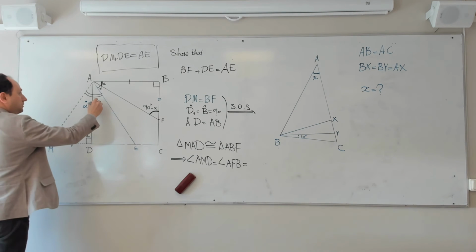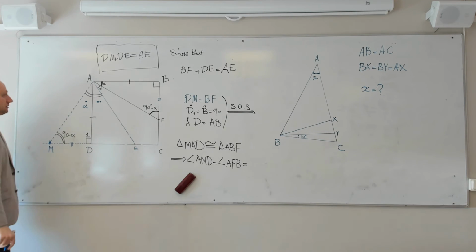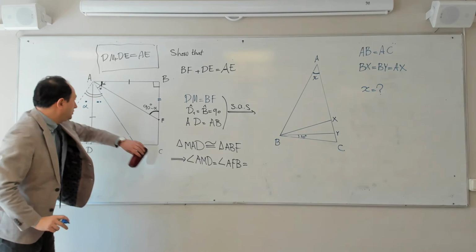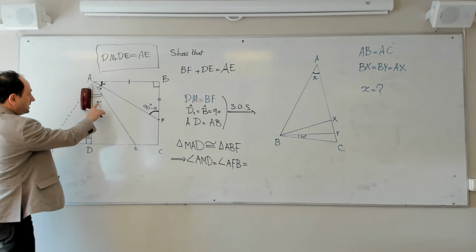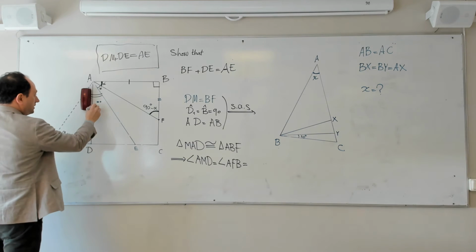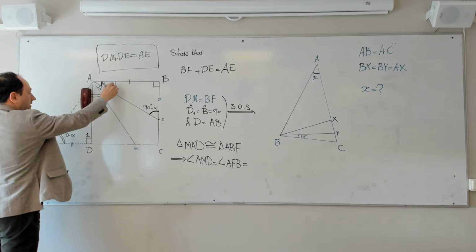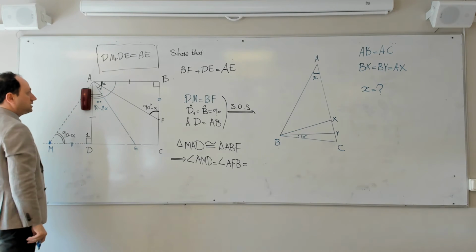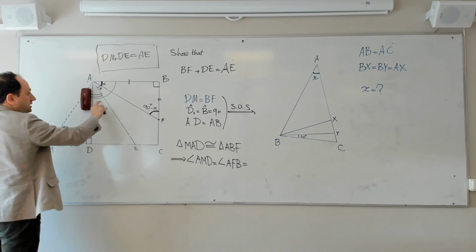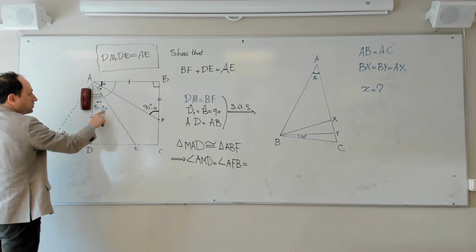But now can you tell me what this angle is? Don't look at here. What is this angle? 90 minus 2 alpha. Yes, exactly. Why? Because the whole angle is 90. It's a square. 2 alpha is gone here. So what is left for this is 90 minus 2 alpha.